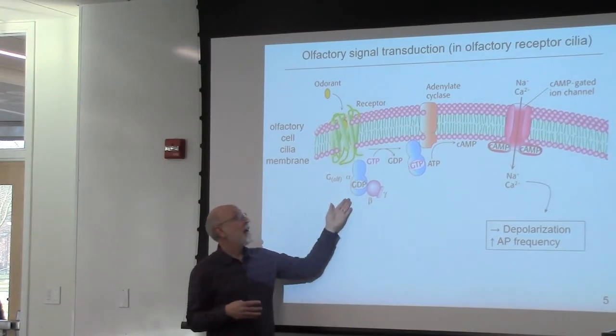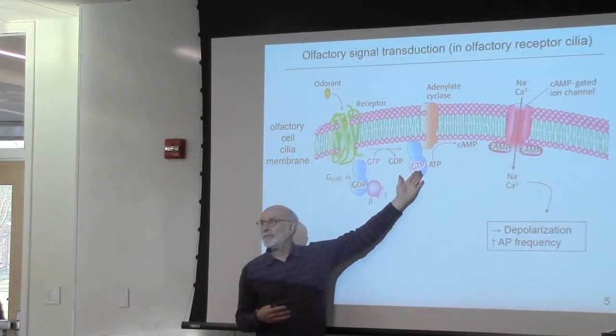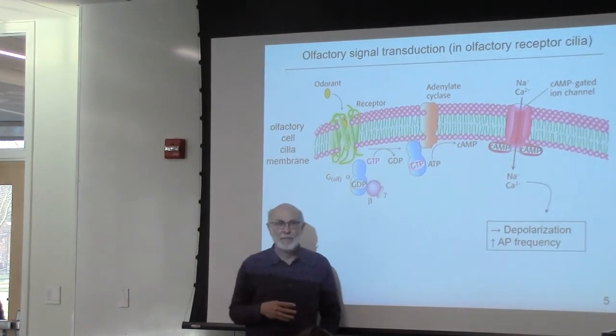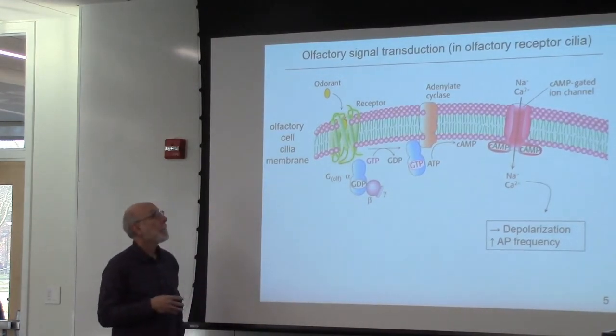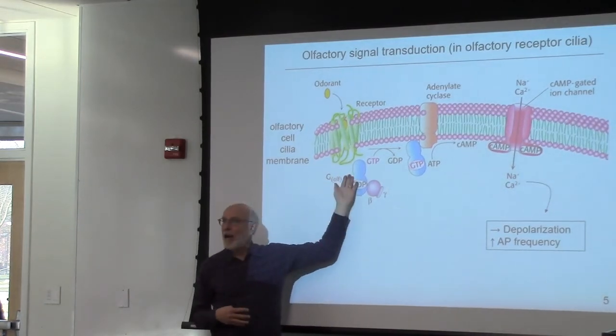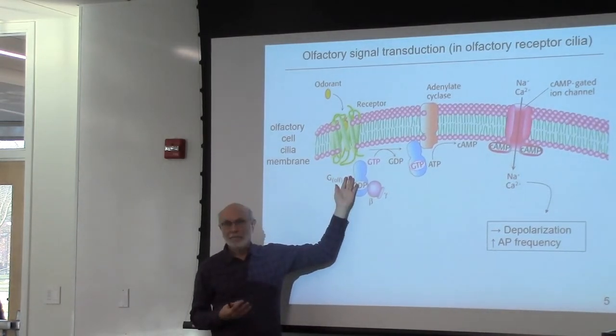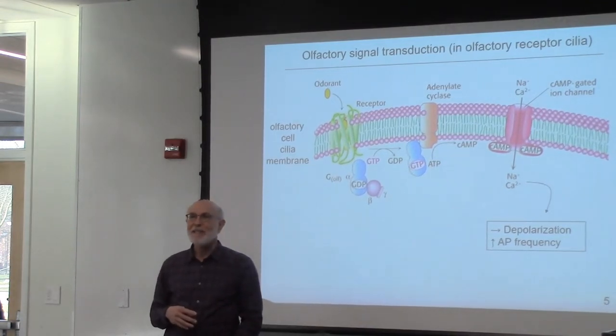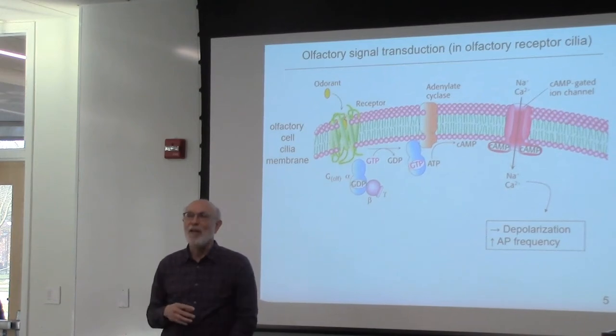G-olf, like Gs, activates adenylyl cyclase. It is not Gs, but it is like Gs. So everything you know about Gs can be applied to G-olf. Yes? So what's the difference? There's some amino acid differences. I mean, they're just molecularly different, different enough that they don't call them the same thing.